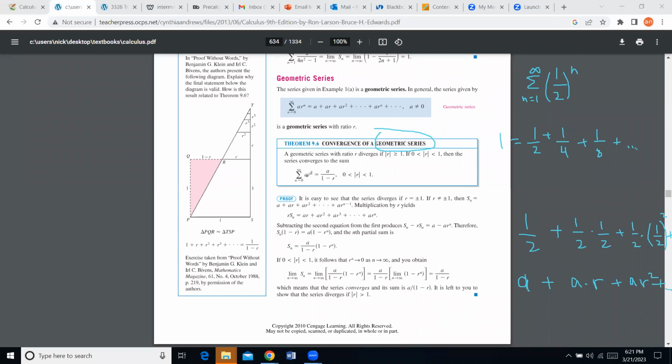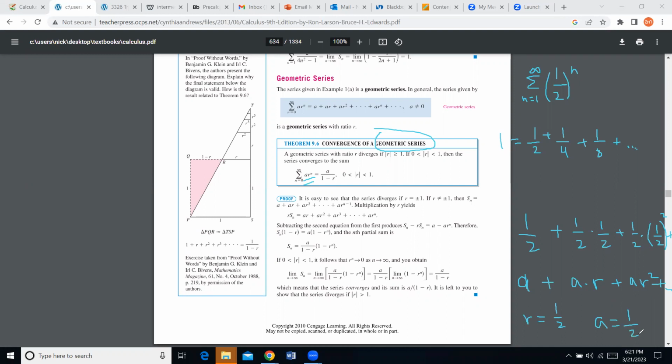So that's what they are talking about here. So they have the sum of the series where they deal with this ratio r equal to 1/2, and the first term a is also equal to 1/2.